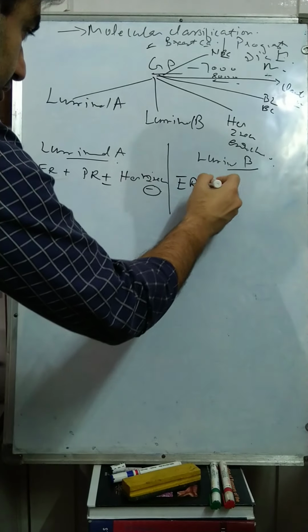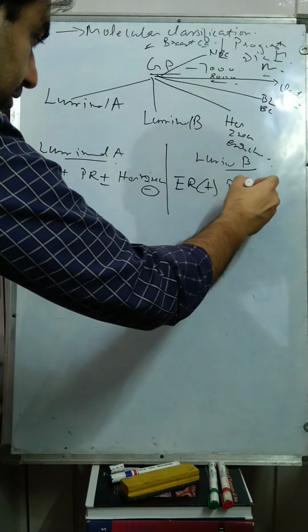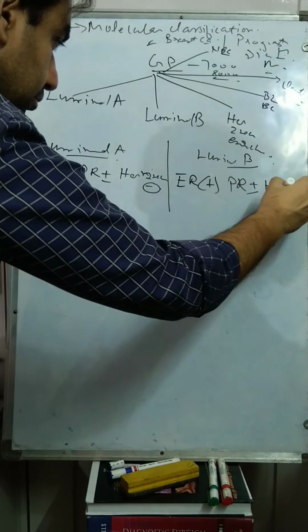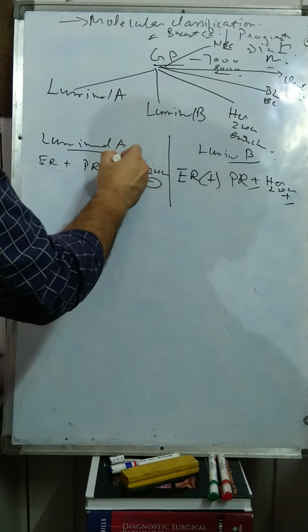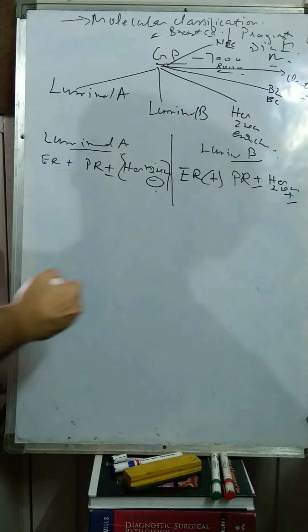To compare, luminal B are ER positive, PR plus or minus, and HER2 neu plus or minus. So the main difference is HER2 neu is always negative in luminal A, and can be plus or minus in luminal B.